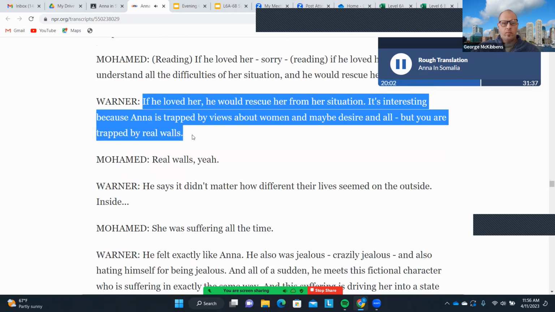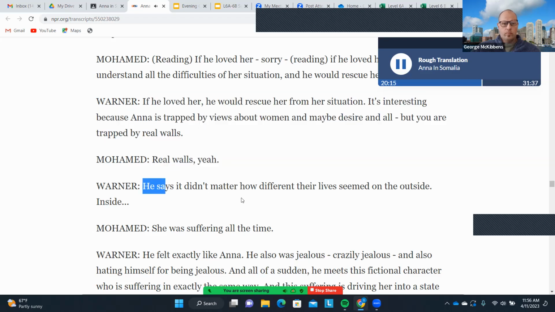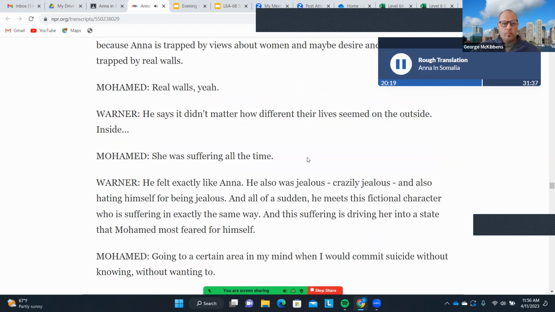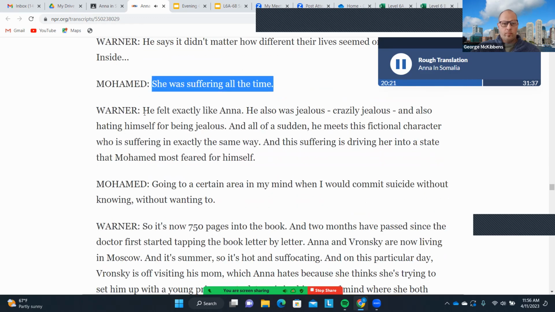It's interesting because Anna is trapped by views about women and maybe desire, but you were trapped by real walls. Yeah. He says it didn't matter how different their lives seemed on the outside. Inside, she was suffering all the time. He felt exactly like Anna.